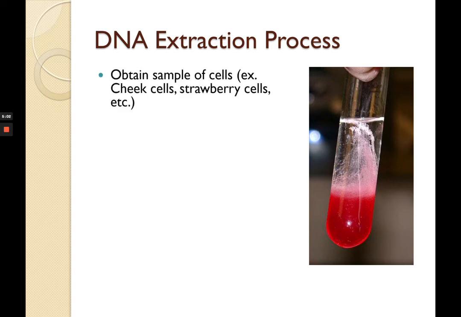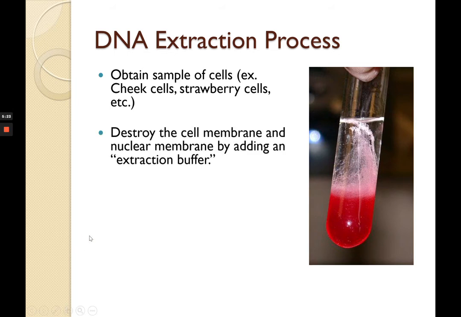One of the first things we need to do is obtain a cell sample. Like I said, we'll likely take some cheek cells and some strawberry cells. You can pretty much use any type of vegetable, since those are easy to obtain cells from. You're going to need to find a way to destroy the cell membranes, because your DNA is found inside the nucleus.